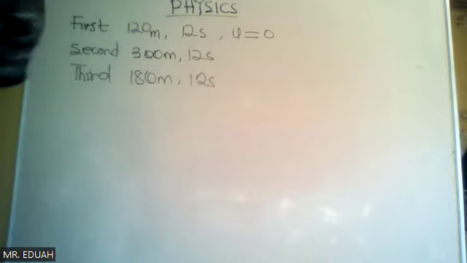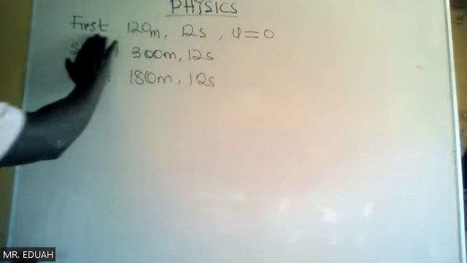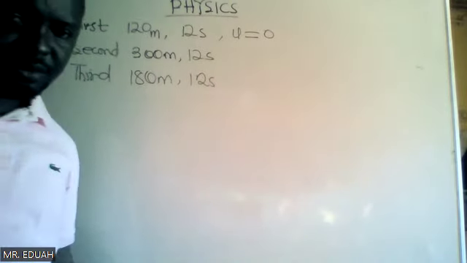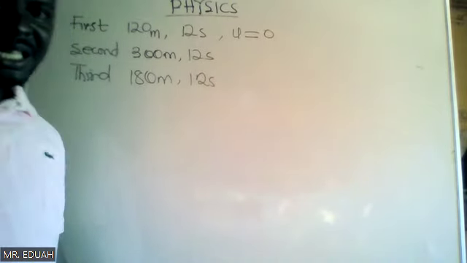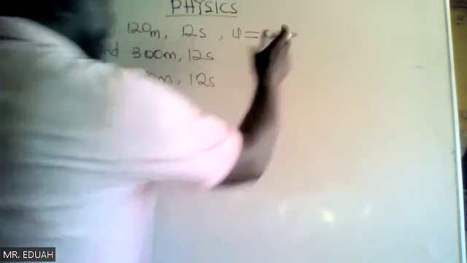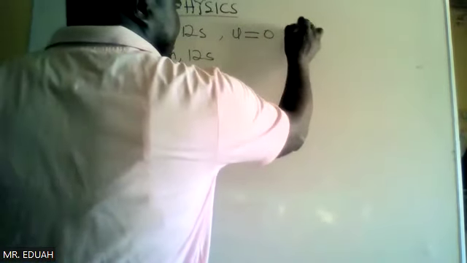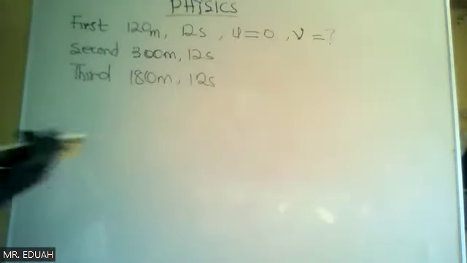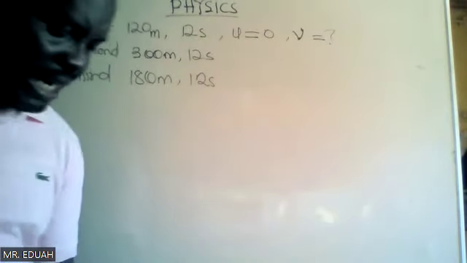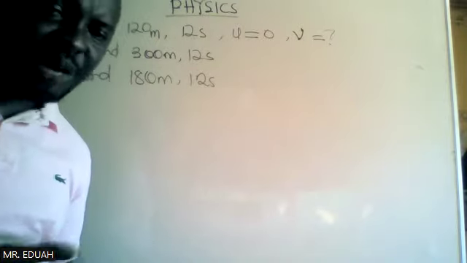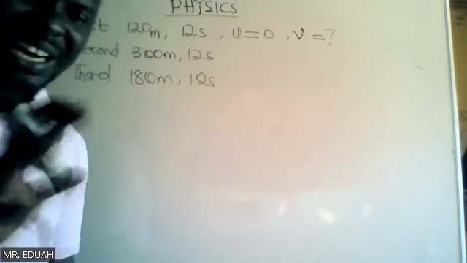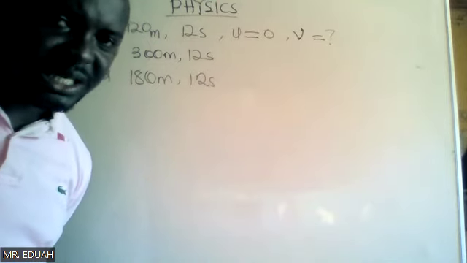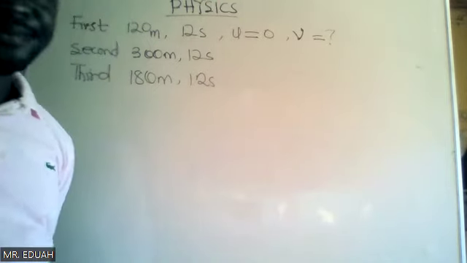So I want you to help me determine the final velocity v for the first part of the motion. Start work. 1.5 minutes must be used for this. Class, start work.